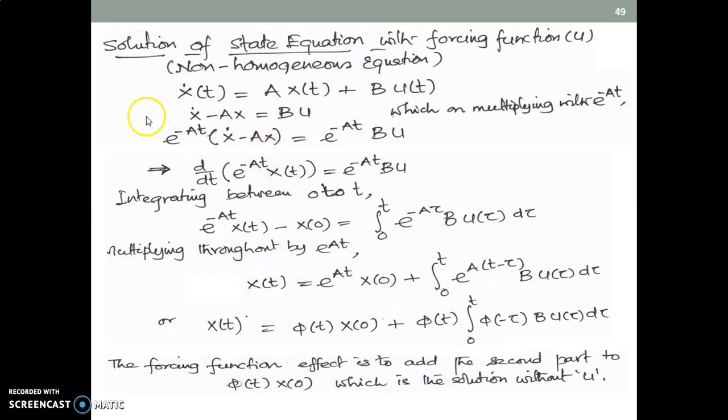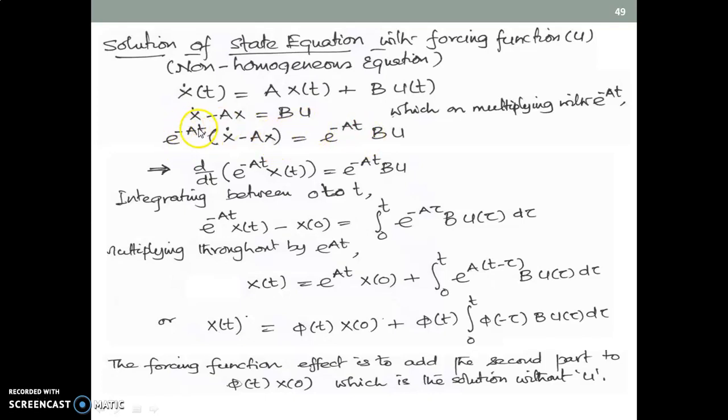Now you see here x dot minus Ax equal to B into u, right? What you have to take is, both sides, left hand side and right hand side, multiplied by e power minus At. Why are we taking this? For our convenience only.